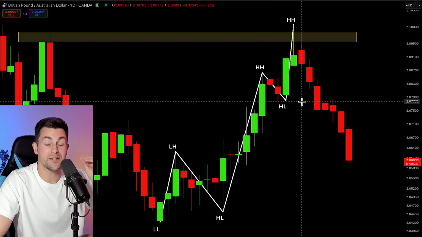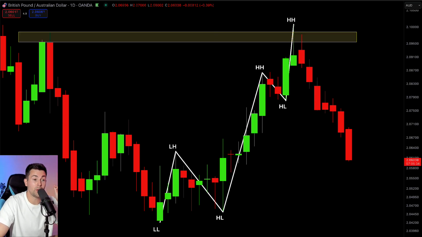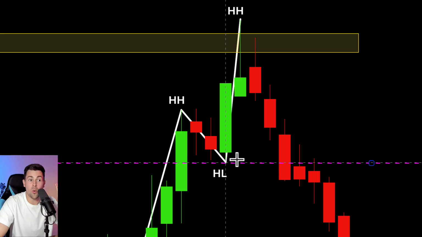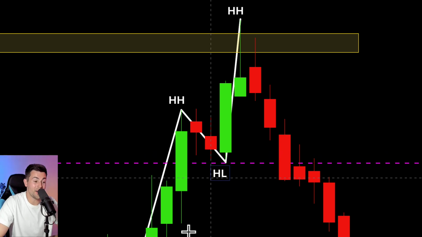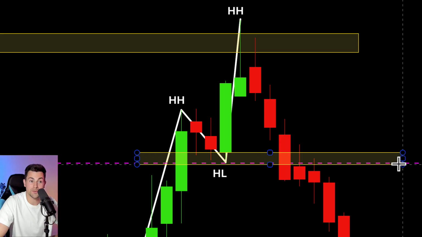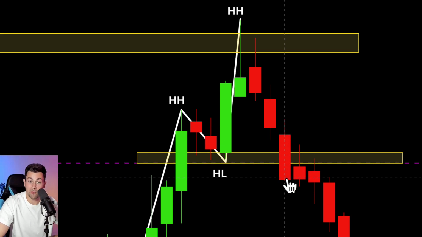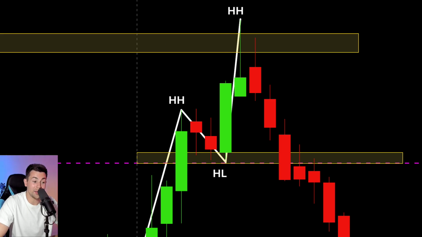By the way, here's how to draw an order block zone on a candlestick price chart. Your bullish order block zone will be based on the level of the last higher low and its upper boundary will be the low of the body of that candle. So our bullish order block zone was right here and you can see that with a strong bearish candle the market violated that.